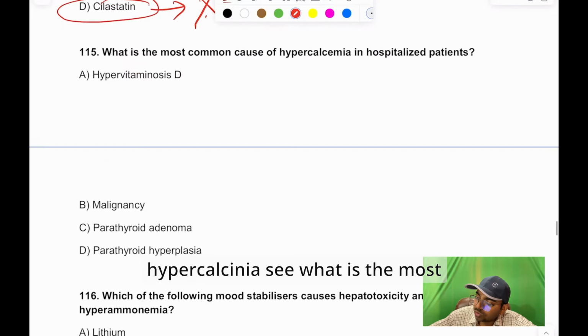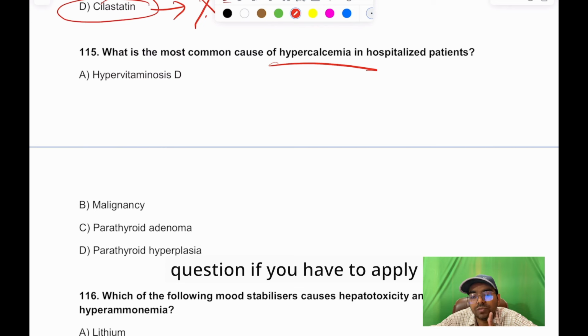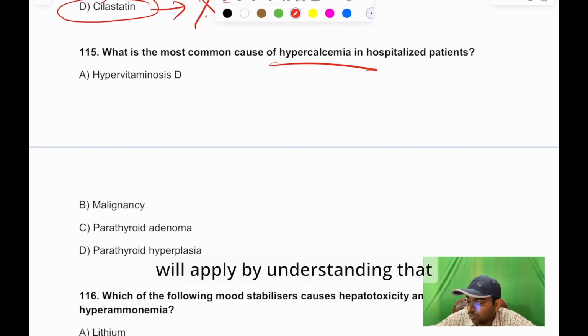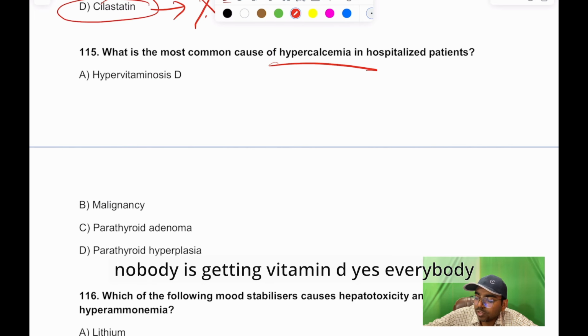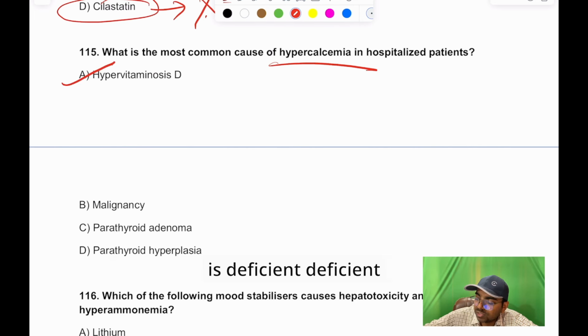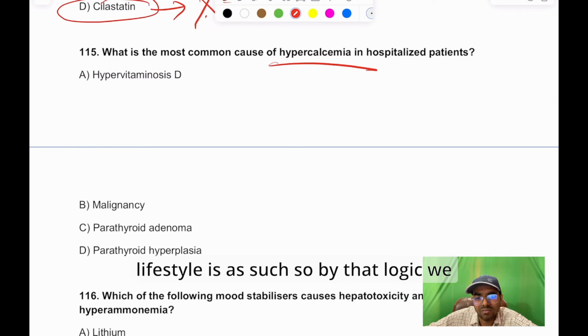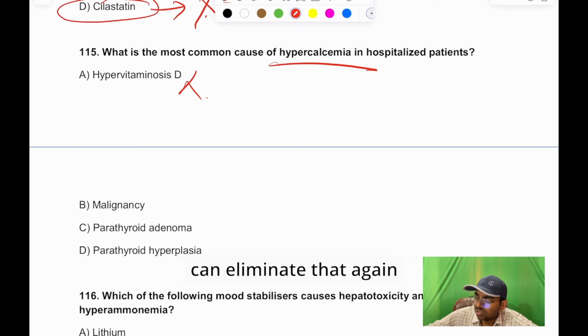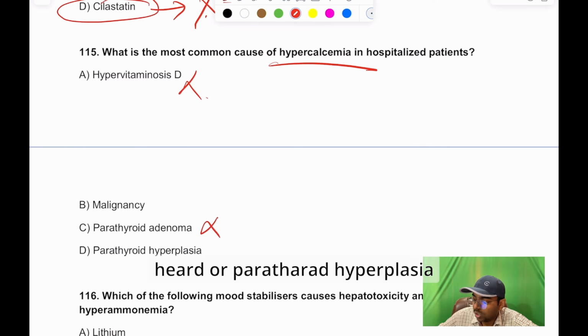What is the most common cause of hypercalcemia? See, in this type of question, if you have to apply tukka, how will you apply? You will apply by understanding that malignancy is the most common thing. Neither hyperprotein, nor is anybody getting vitamin D. Yes, everybody is deficient in vitamin D, the present lifestyle is such, so by that logic we can eliminate that. Again, parathyroid adenoma: how many cases of parathyroid adenoma have you seen, or parathyroid hyperplasia?